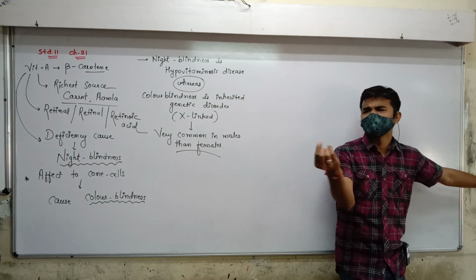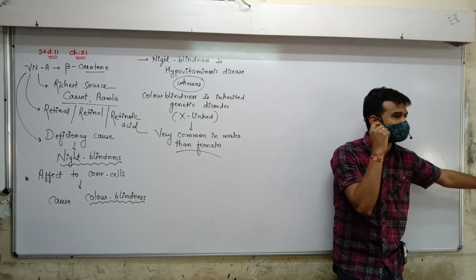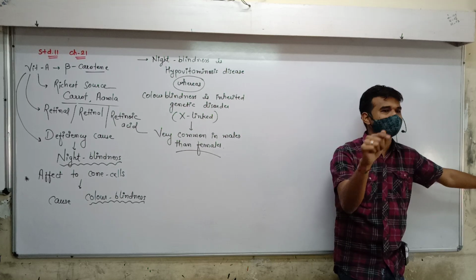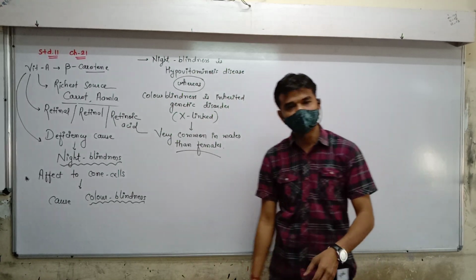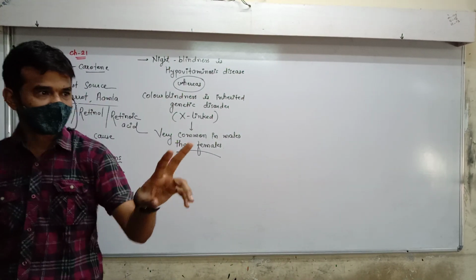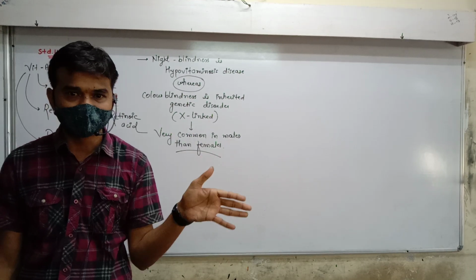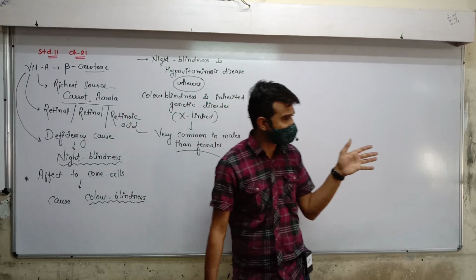Think about it a little bit more. Male consists of only one X chromosome. That's the reason. Female consists of two X chromosomes. Fine? You are done with the Mendel experiment in the 10th standard, and you know the two words dominant and recessive.